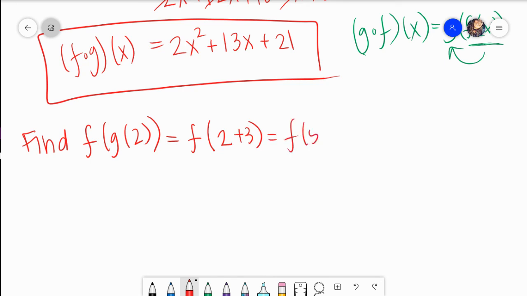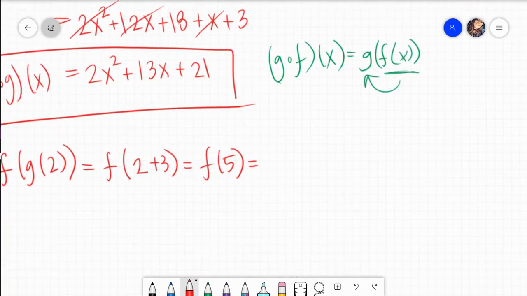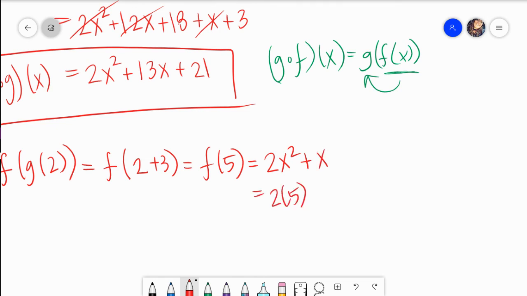So that would actually be 5. And if we plug this into my f of x, it was 2x squared plus x. So I would get 2 times 5 squared plus 5, which is 2 times 25 plus 5, which would be 50 plus 5, which is 55.